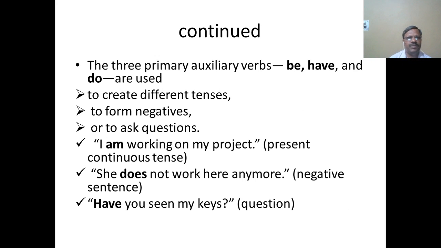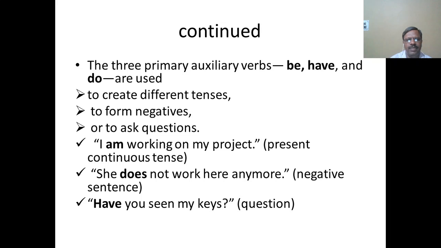The three primary auxiliary verbs we know already, be, have, and do, are used to create different tenses. These primary auxiliaries are very useful in forming different tenses. For example, in present continuous tense form, we use the be form helping verbs.